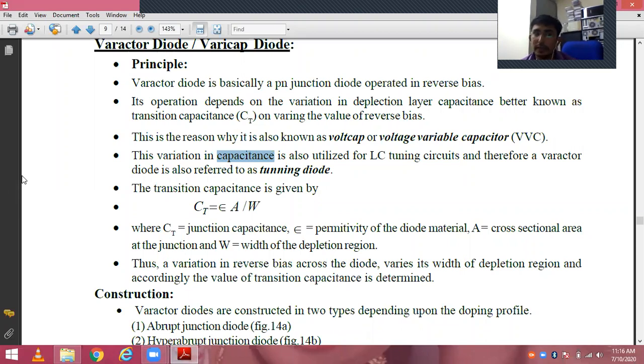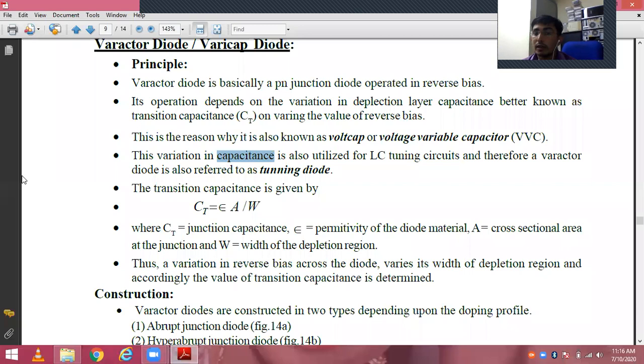So we can say that the operation of the Varactor diode depends on the variation of depletion layer capacitance, which is known as the transition capacitance, and that transition capacitance changes by changing the value of reverse bias. As we change the reverse bias, the capacitance changes.